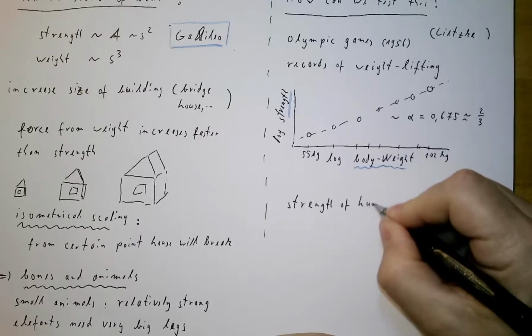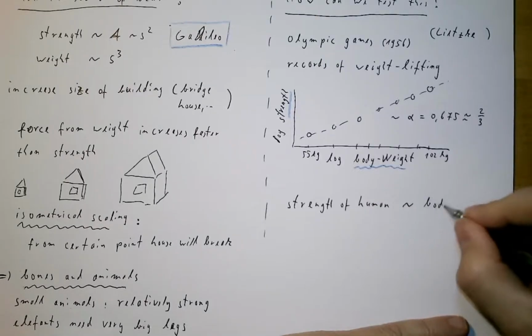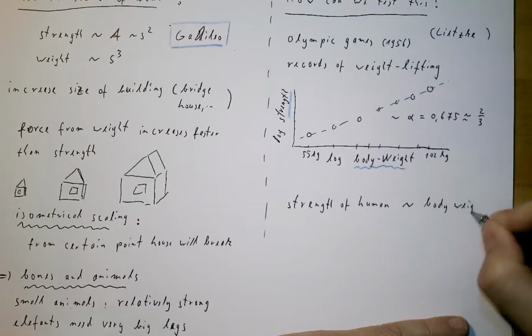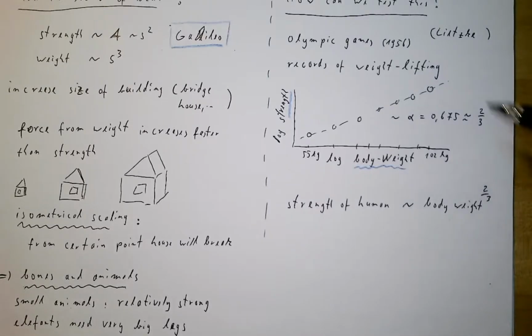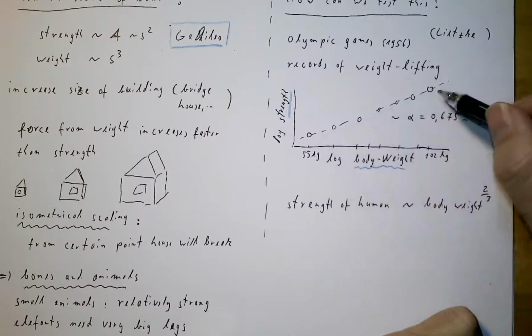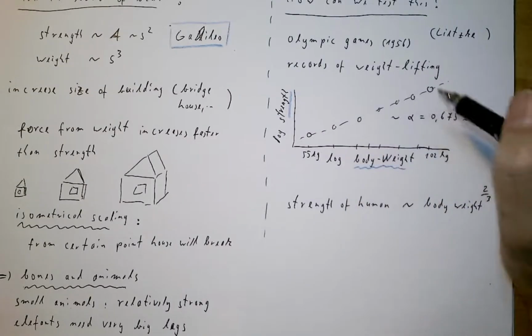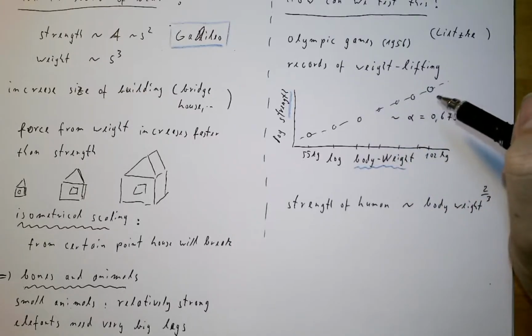Strength of a human was proportional to body weight to the 2/3. And that's now interesting to see which of the individuals, of the people who were taking part, of the gold medal winners, was the strongest.